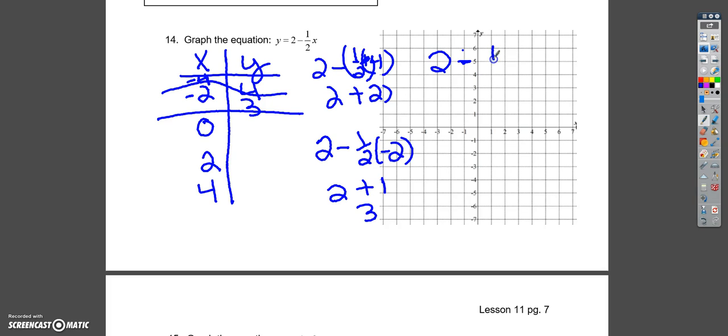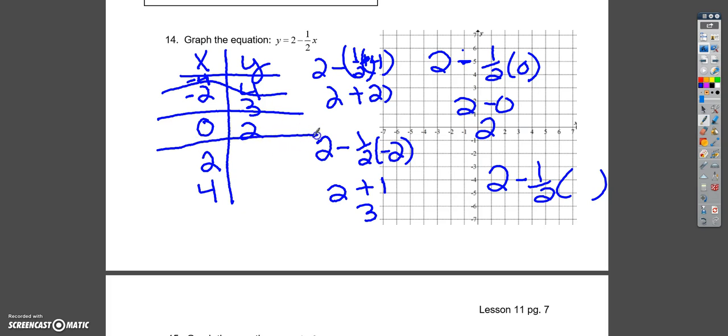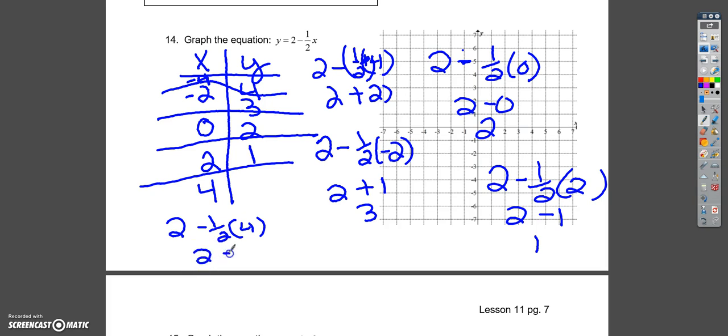Two minus 1/2 times 0 is 2 minus 0, which is 2. 2 minus 1/2 times 2 is 2 minus 1, which is 1. 2 minus 1/2 times 4 is 2 minus 2, which is 0. So those are my ordered pairs.